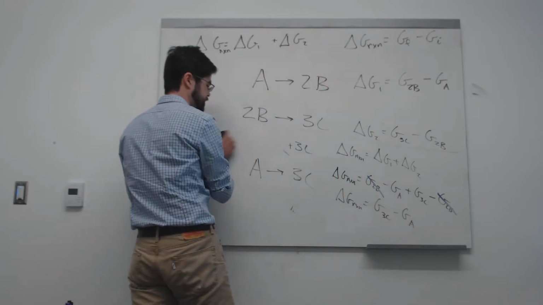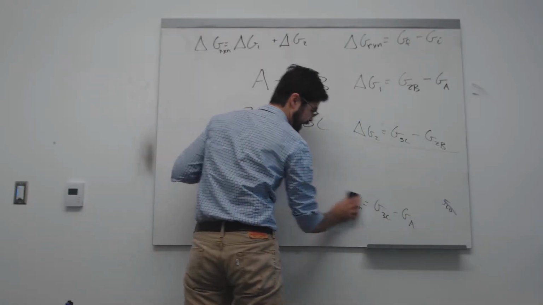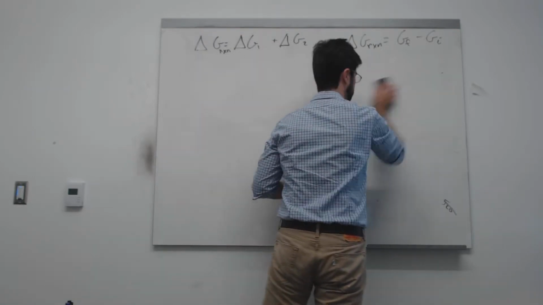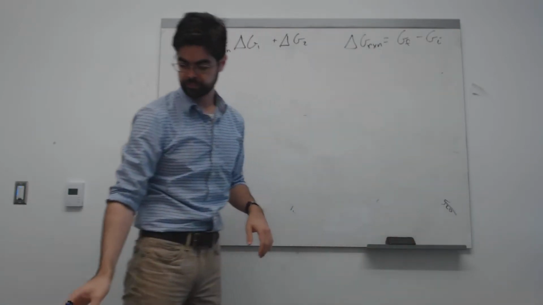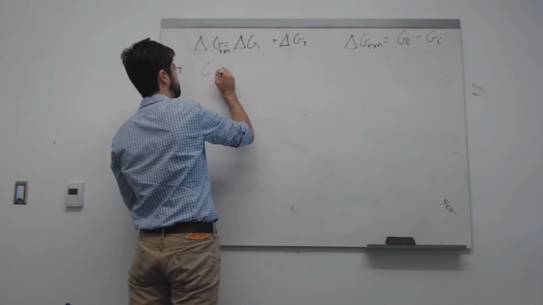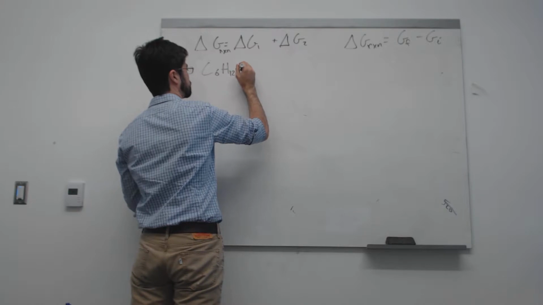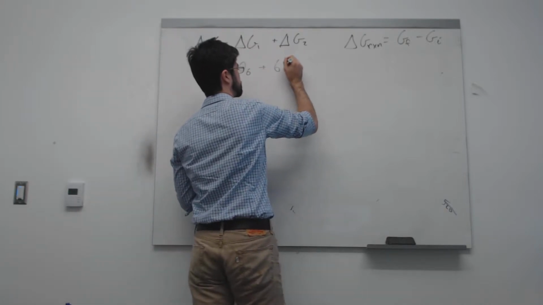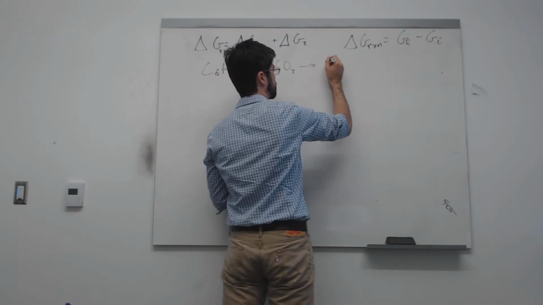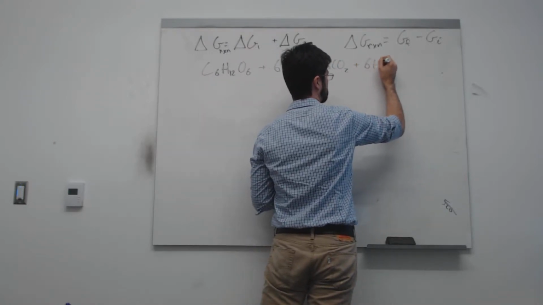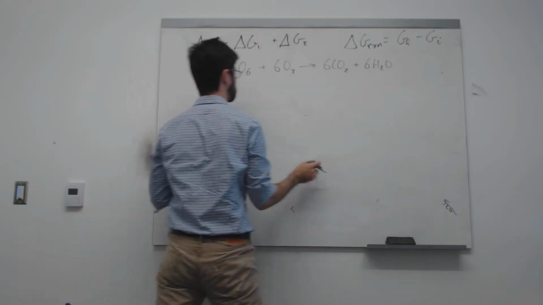The way this is normally done is you might have a particular reaction. A reaction, say, for the combustion of glucose, C6H12O6 plus 6 oxygen molecules going to 6 CO2 molecules plus 6 water molecules.